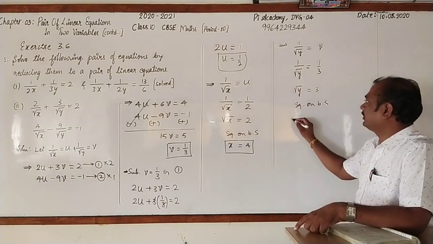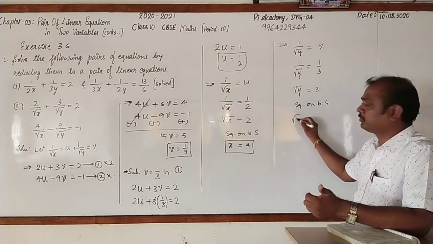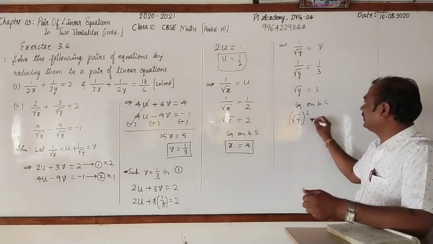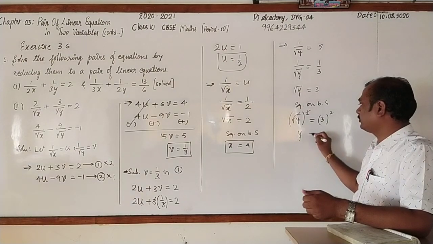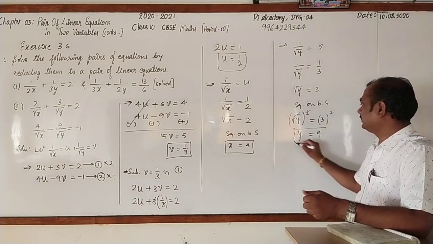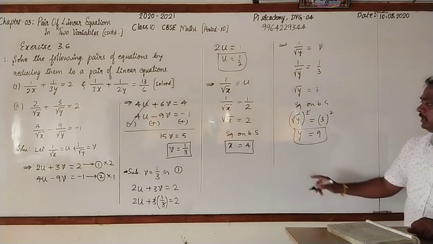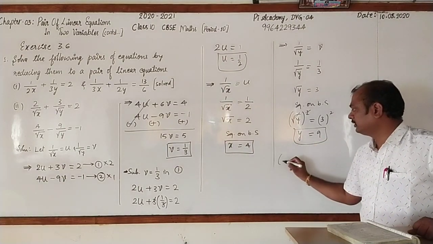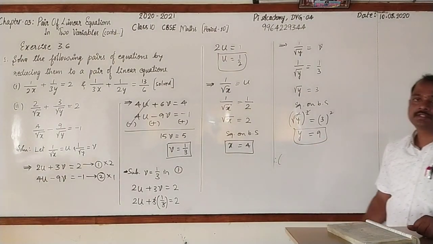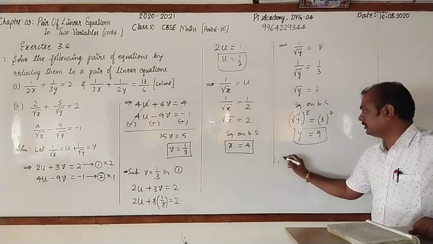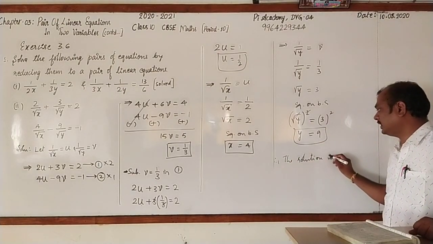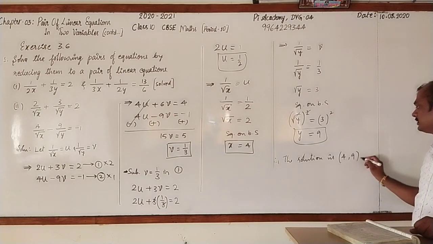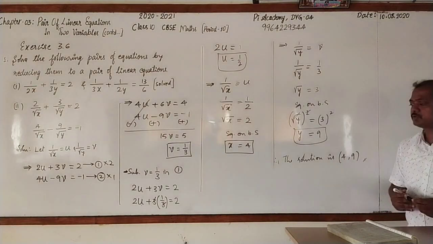Here also in the same way, go for extending it one more step. Root y whole square is equal to 3 whole square. Square and root get cancelled, y. 3 square is 9, that is 3 3s are 9. X is 4, y is 9. Therefore, the solution is, what is that? X is 4, y is 9. Please go for copy.